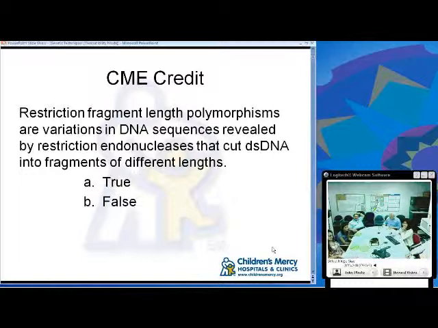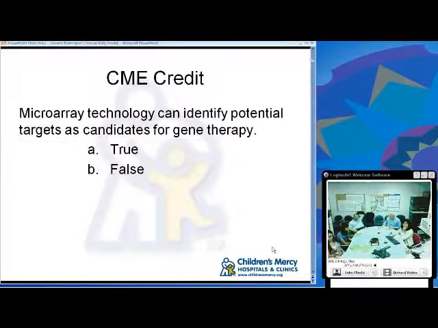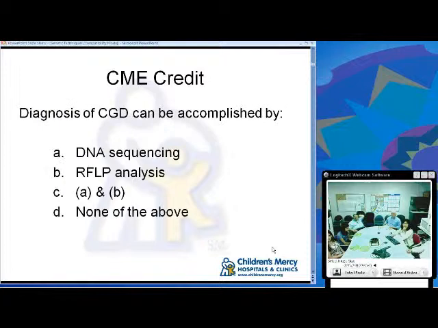True or false? Second question, microarray technology can identify potential targets as candidates for gene therapy. True or false? Third, diagnosis of CGD can be accomplished by A, DNA sequencing, B, RFLP analysis, C, ANV, or D, none of the above.